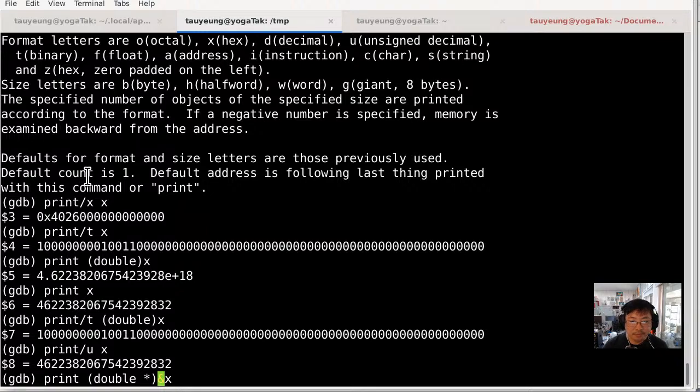So now, using this cast, the (double *) is a typecast operator, but it's not typecasting the value of x. It's typecasting the address of x. So instead of looking at the address of x as the address of an unsigned 64-bit number, now I'm looking at the address of a double.